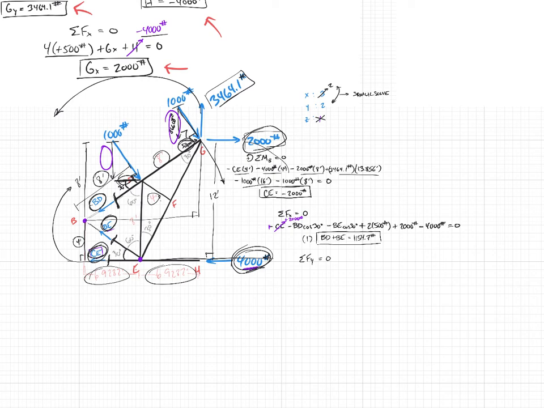So I've got 2 times negative 866.03 pounds, plus this one, plus 3464.1 pounds. Oh, and then I've got minus BD sine of 30 degrees plus BE sine of 30 degrees equals 0.